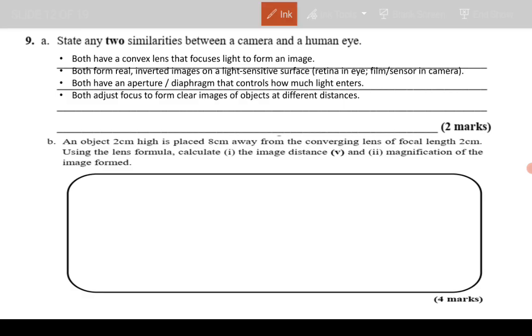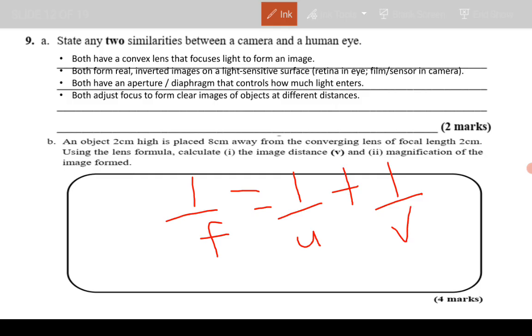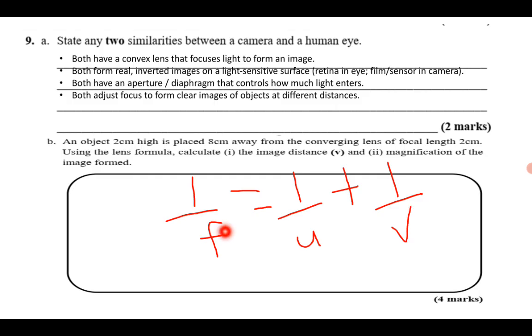The lens formula states that 1 over f is equal to 1 over u plus 1 over v, where f is focal length, u is the object distance, and v is the image distance. So we are asked to calculate the image distance, this v.